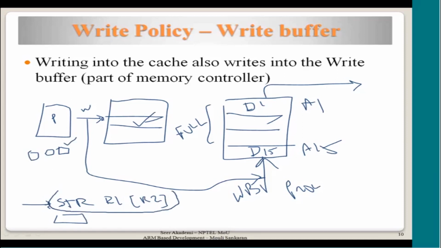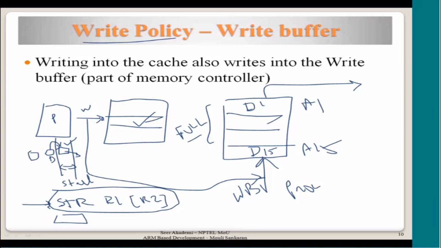Now the processor needs to decide whether to throw this out of the execution stage and move the decode stage instruction which is next to the execution stage. Since the write buffer is full, the processor decides to stall, a pipeline stall, because if this policy is followed, this is what will happen.